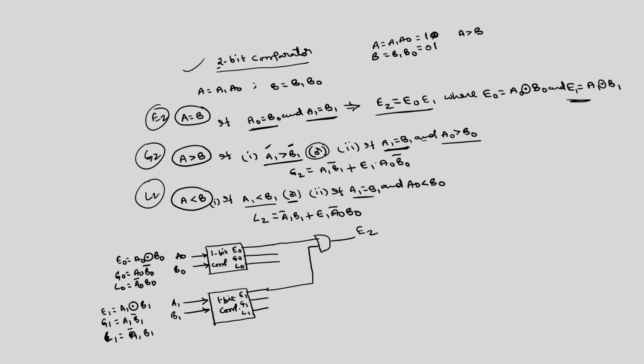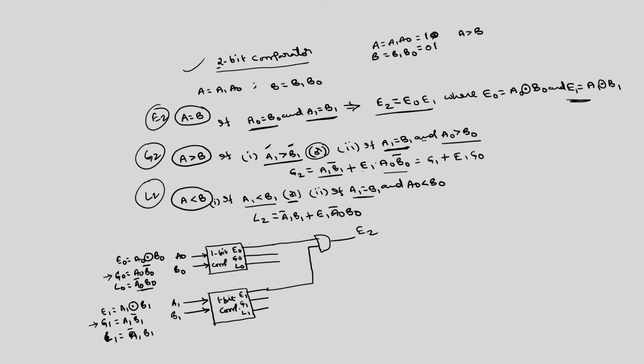Now, how to get G2? G2 is nothing but A1 B1 bar, which is G1, plus E1 as it is, and A0 B0 bar, sorry, this A0 B0 bar is G0. So the expression for G2 is equal to G1 plus E1 G0.